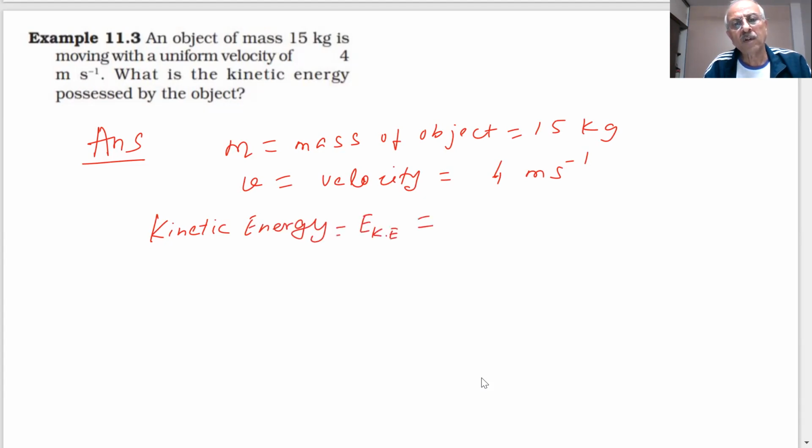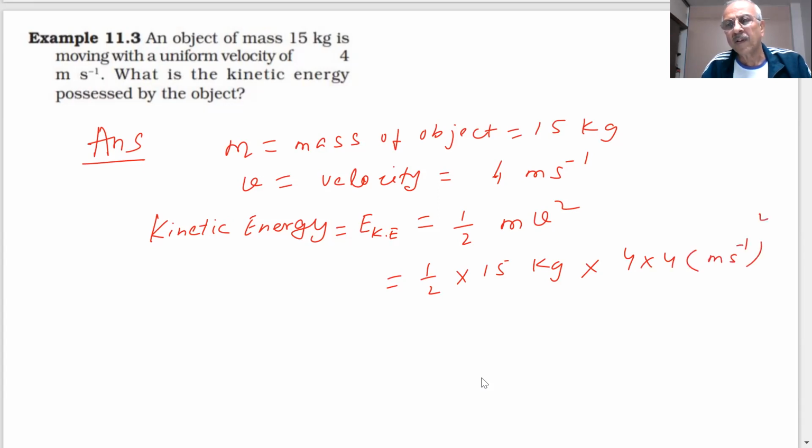Half mv square. Half into 15 kg into velocity squared. So what is the answer coming? 120 joules. So the kinetic energy of a mass of 15 kg moving with a velocity of 4 meters per second is 120 joules.